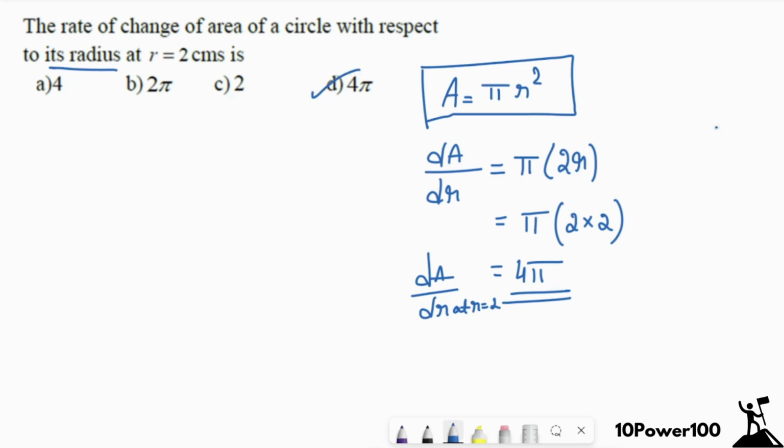Now I want you to solve the rate of change of area with respect to radius when r is equal to 5 centimeter. This is the first one I want you to try, and also find out the rate of change of circumference.